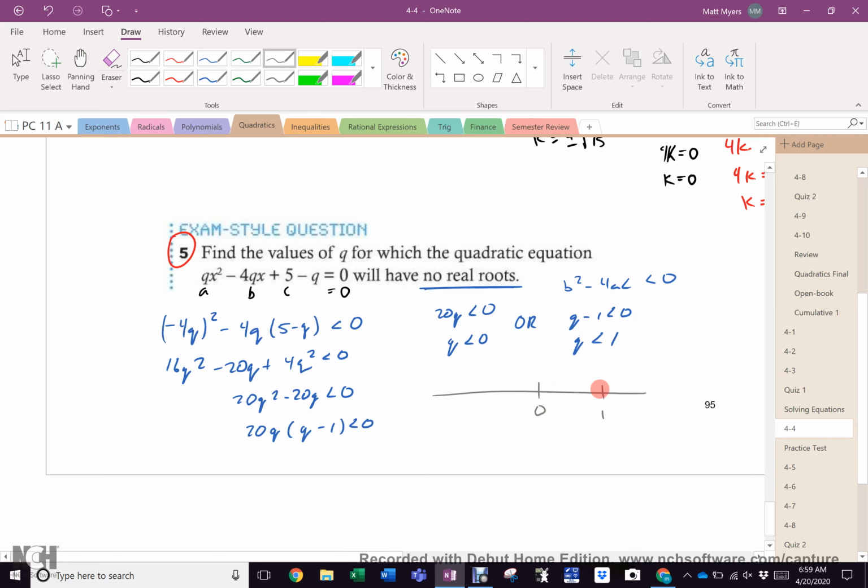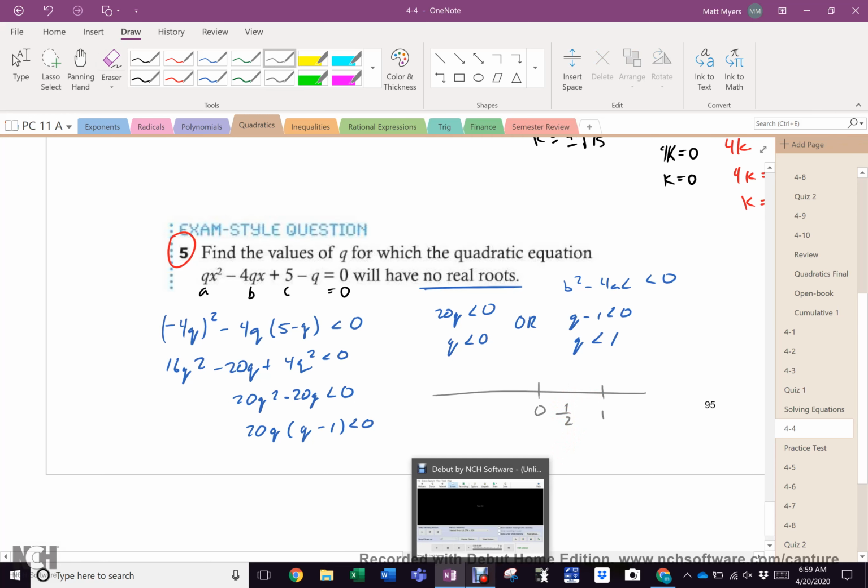And q has to be less than 1, so it's already covered right there, all of these. So the only thing we got to check is what would happen right here, right? At, for example, 1/2. And then you would just check it.